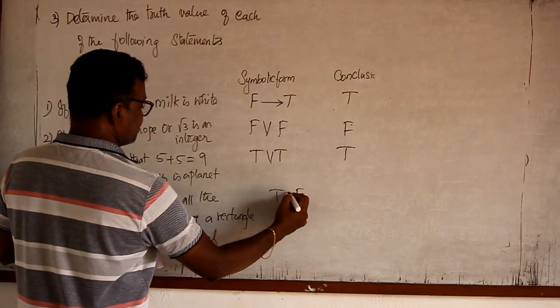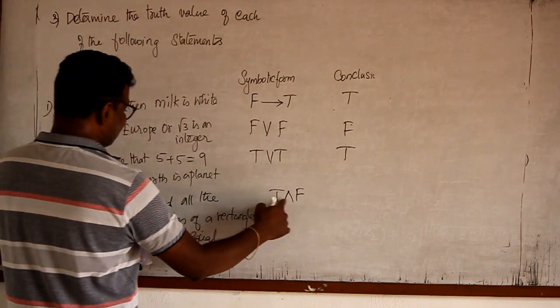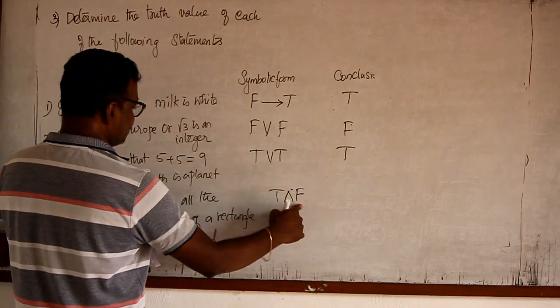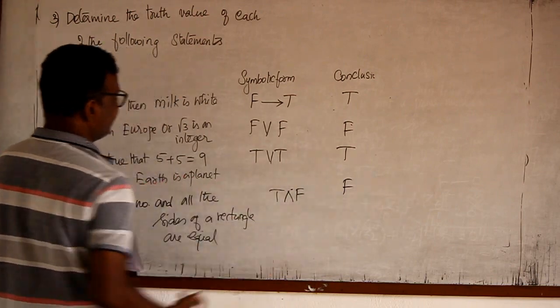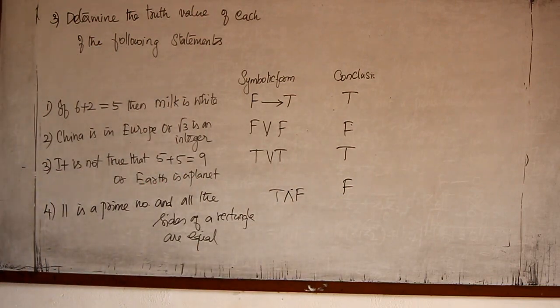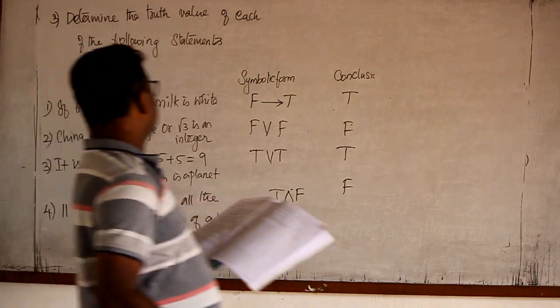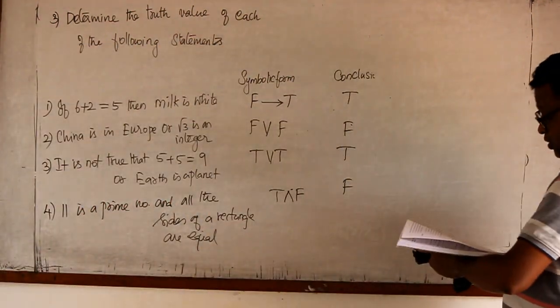And means I must put this cap. This cap means into. So 1 into 0 is 0. 0 means false. With that, the third problem is over. So go for the fourth one now.